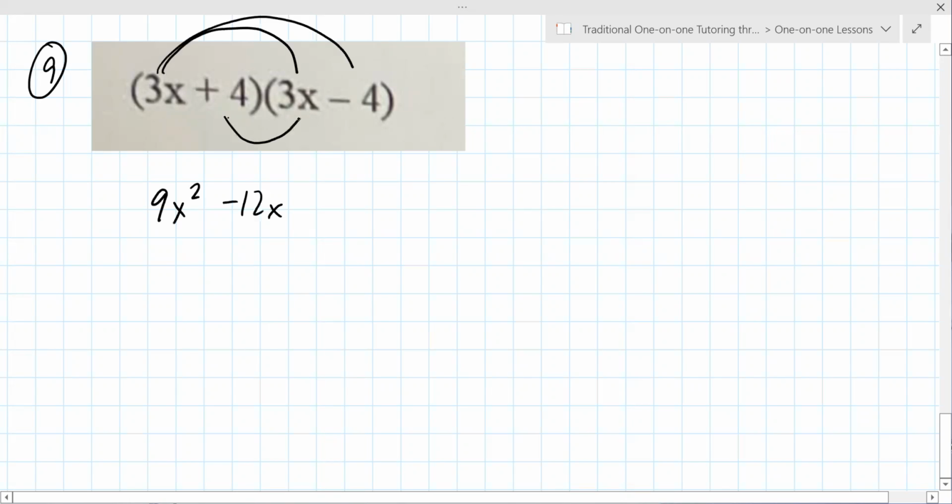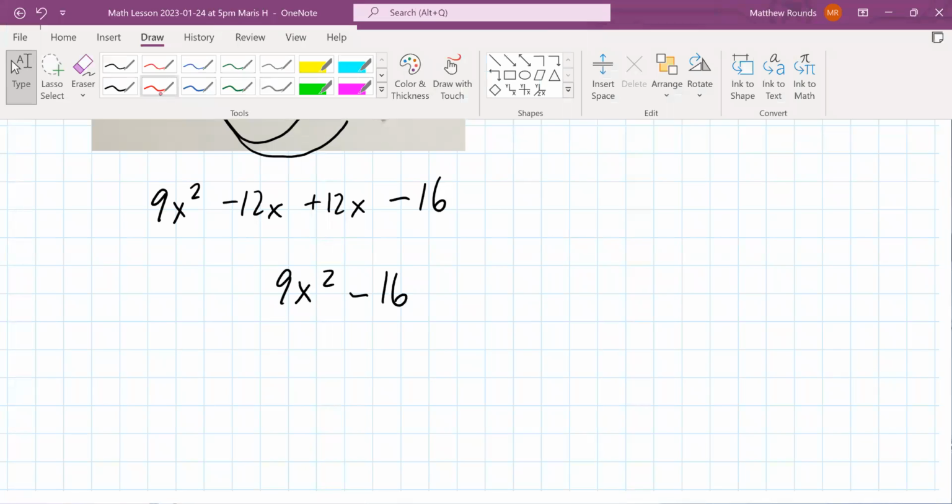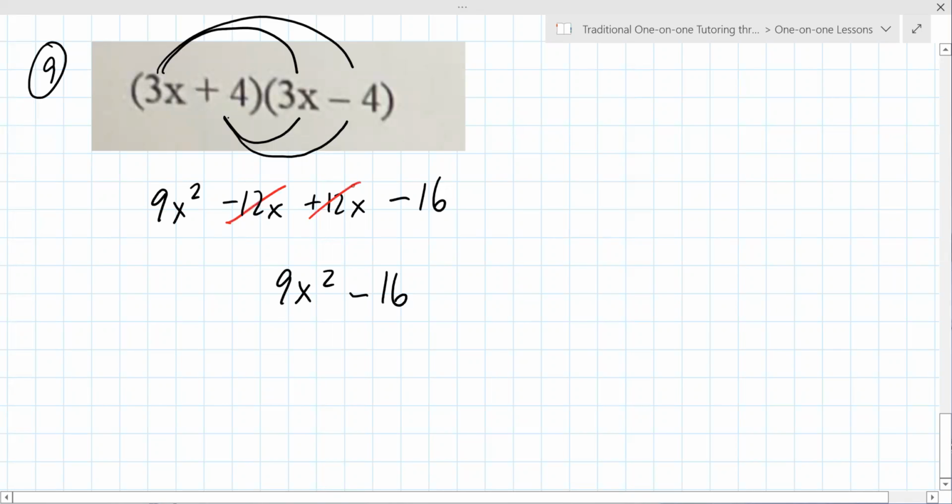Positive 4 times 3x is positive 12x. Positive 4 times minus 4 is minus 16. So we're left with 9x squared minus 16 because the outer and the inner cancel. Sometimes that will happen. Sometimes they go away completely.